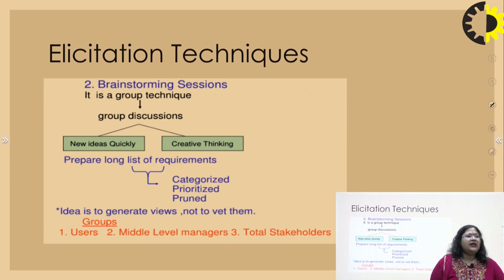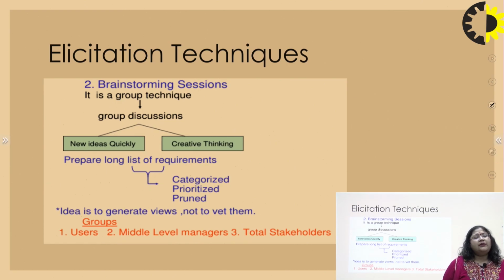In this technique, we prepare the list of requirements and find out the categories, how many requirements and which type of requirements we have to collect, and we prioritize each requirement: which one goes first, which one later. So this is the prioritized requirement.